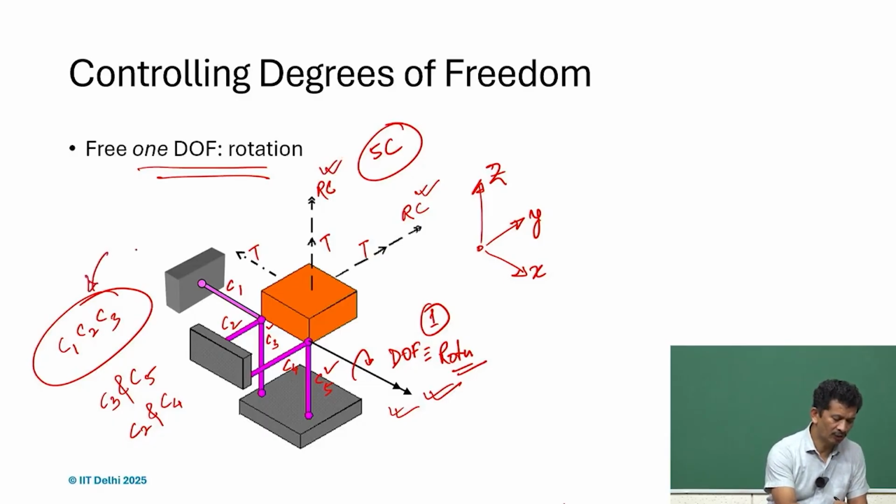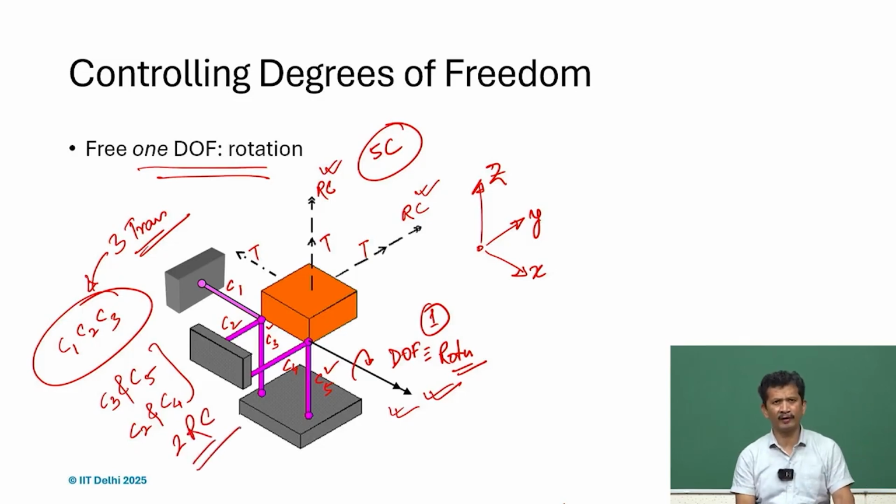So, this one will provide all 3 translational constraints, and these together will give 2 rotational constraints, and together we will have 5 constraints except the rotation along the axis, which is desired here.